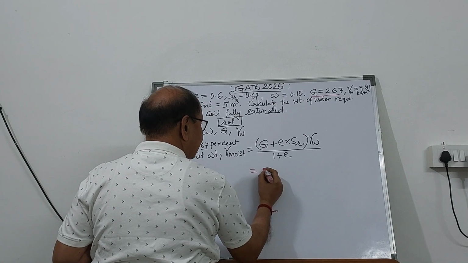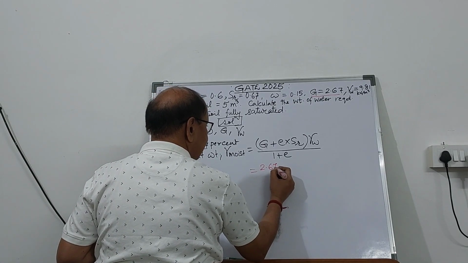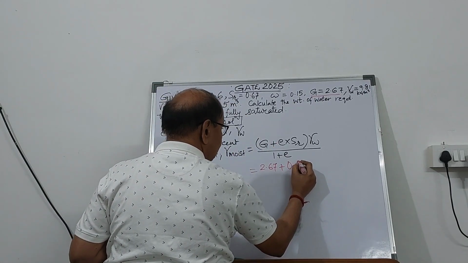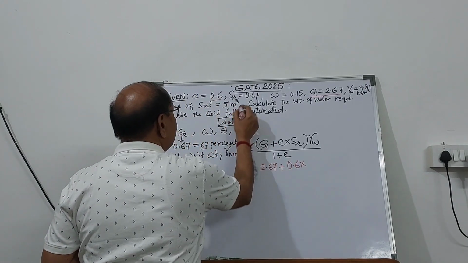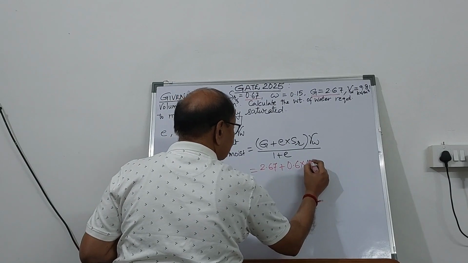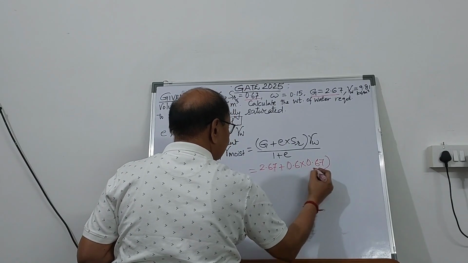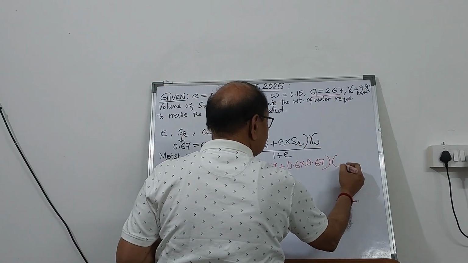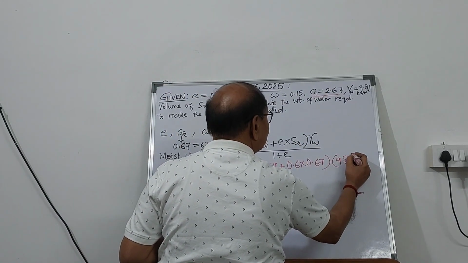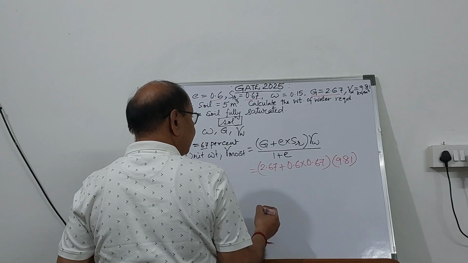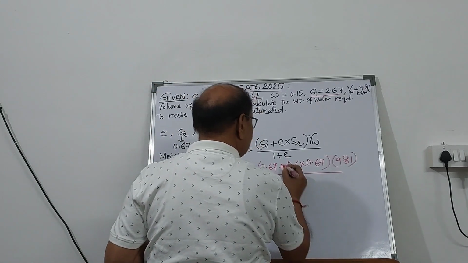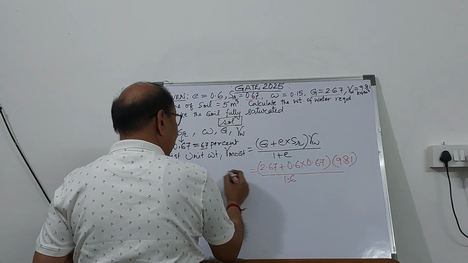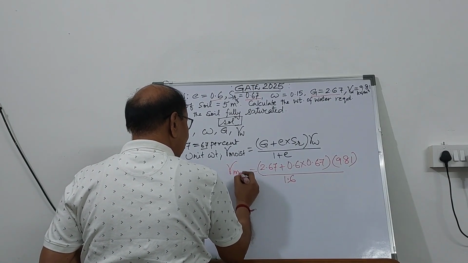So let's write it: 2.67 plus the void ratio is 0.6, and degree of saturation is also 0.67, and unit weight of water is given to you as 9.81 kilonewton per cubic meter, divided by 1 plus e will be 1.6. So you can get the value of gamma moist.